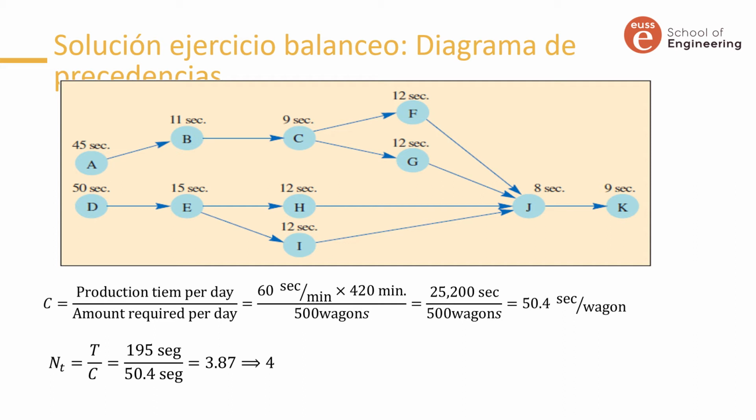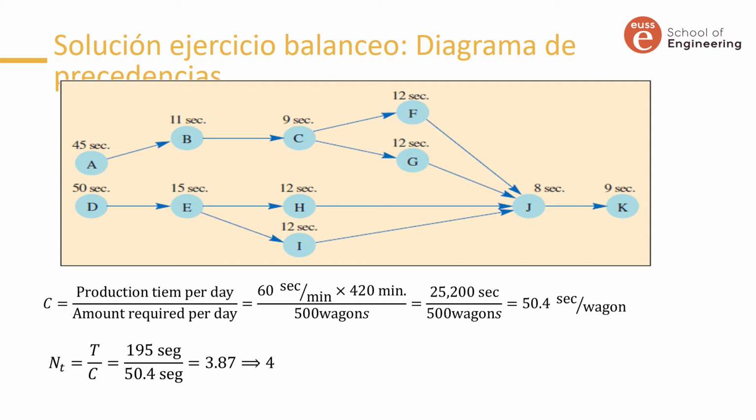So the next step is to calculate the cycle time of the workstation. What was the formula of cycle time? Production time per day divided by amount required per day, or output required per day. But one important item, the key factor here, is that the production time per day in our example is in minutes, while the task times, all of them, are in seconds.